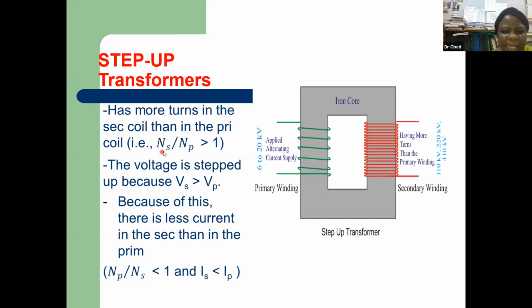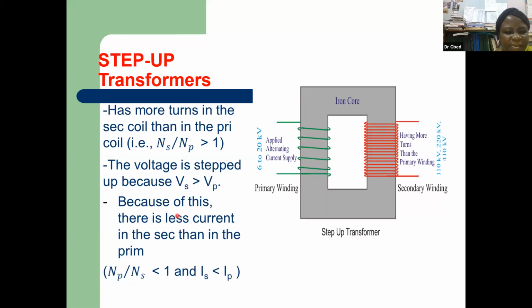That is, Ns over Np, the number of turns in secondary over the number of turns in primary, is greater than 1. The voltage is stepped up because Vs is greater than Vp. That is, the changing flux in the primary, the back EMF in the secondary is greater than the back EMF in the primary.